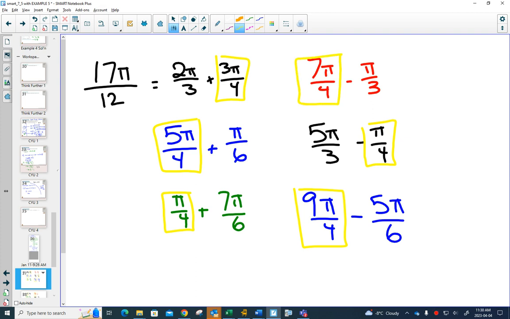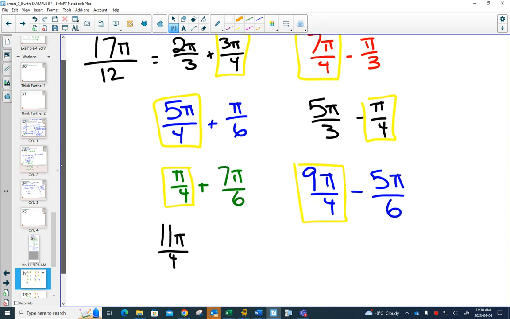So if I go to my pie plate, let's see if this works. Let's see if I pick a random pi over 4. I'm going to go all the way around past once, and then I'm going to go, say, to this one, 3 pi over 4. What if I chose 11 pi over 4? That's some random pi over 4 family.